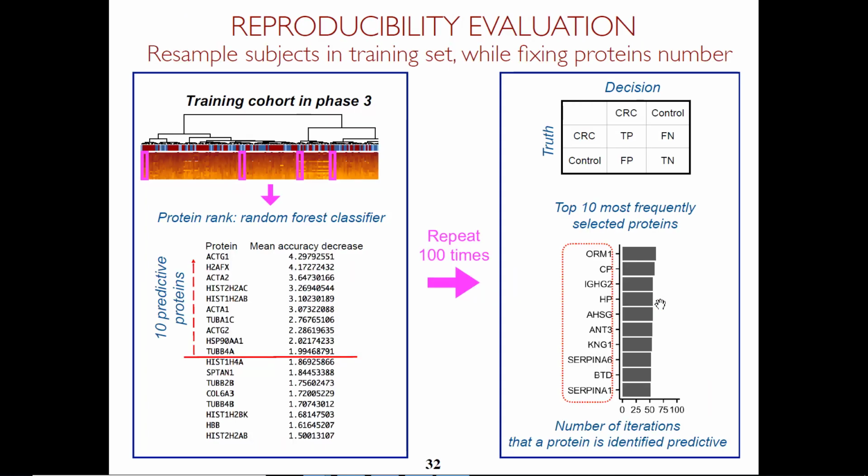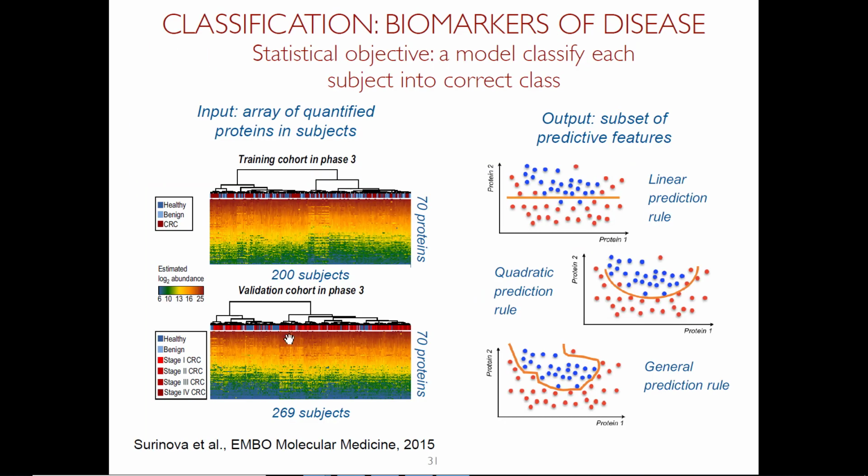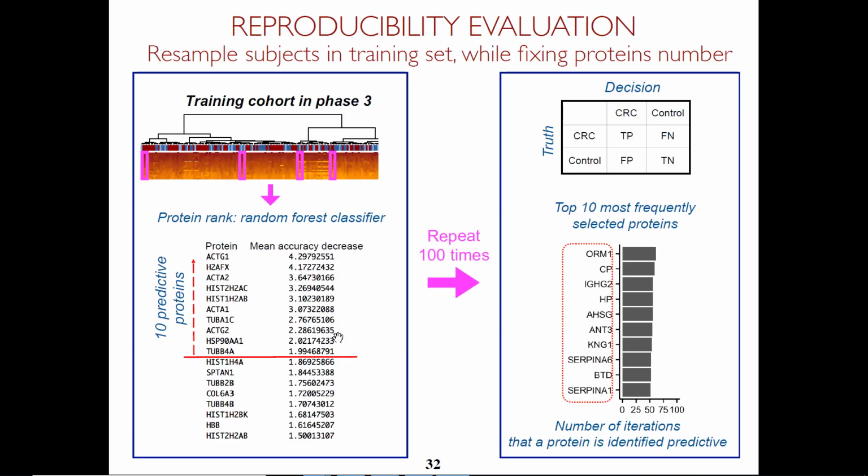She used random forest just because it was the easiest, and ranked proteins by their importance for prediction. She kept the top 10 proteins in her list and recorded two things. One is the predictive accuracy on the validation set, so how well the rule did on the next set of data. The other is which proteins were recorded as the top 10 most important.